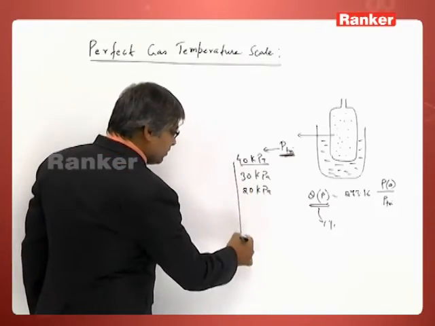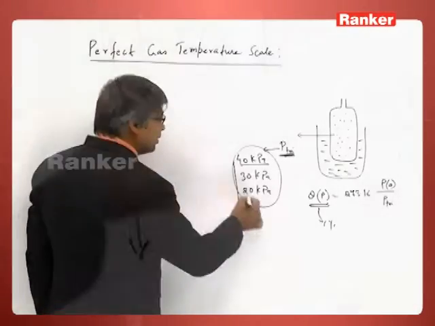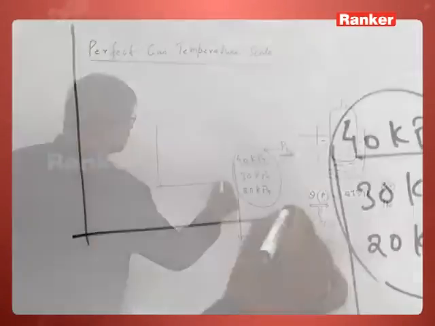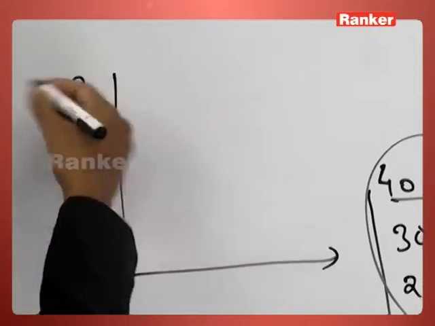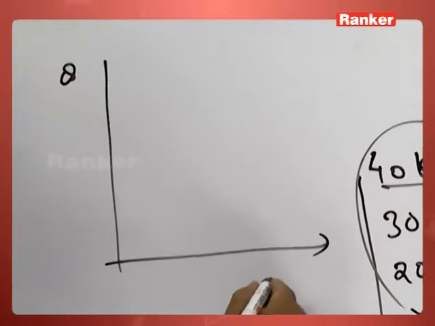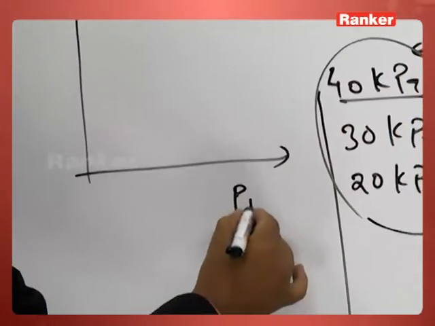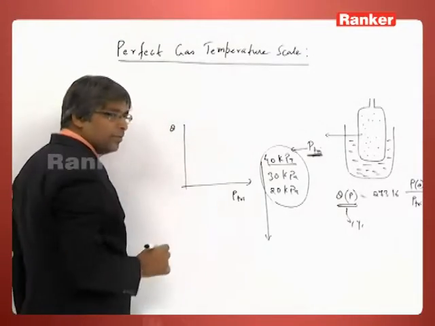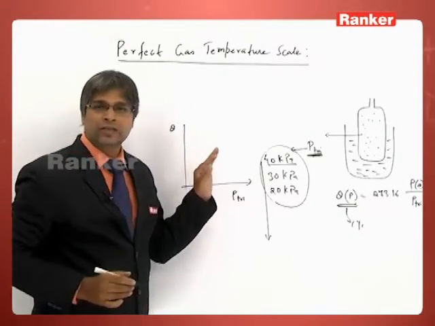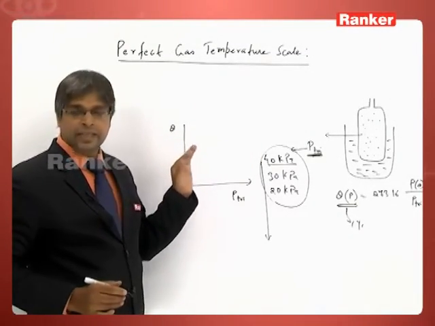In this way I am going to plot a graph of theta for that water, by P triple. We will plot this curve and we will see what inference we get.